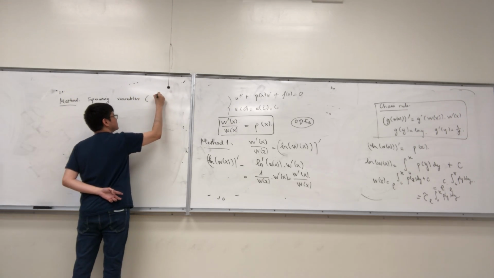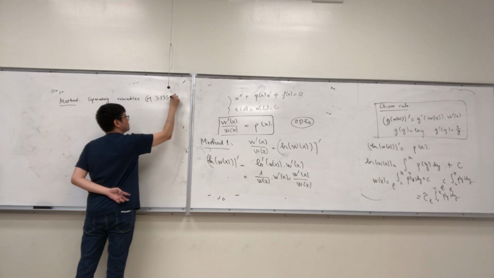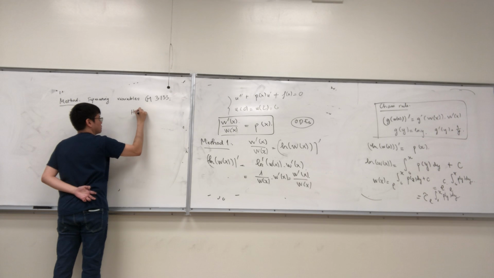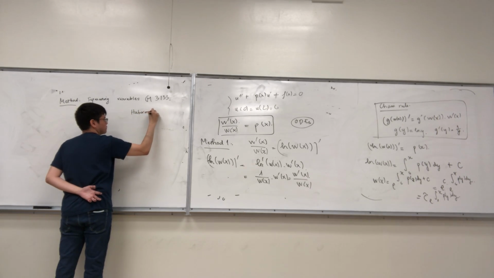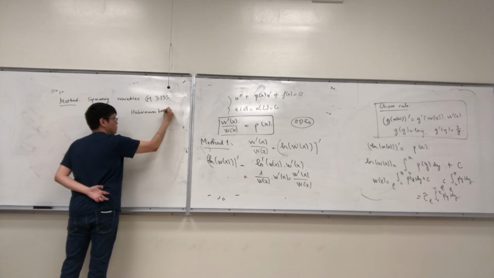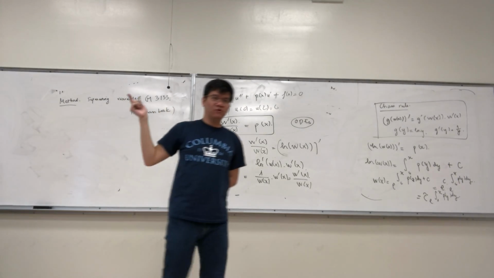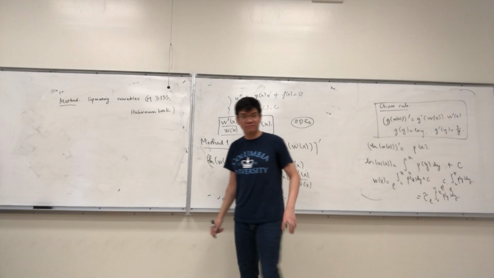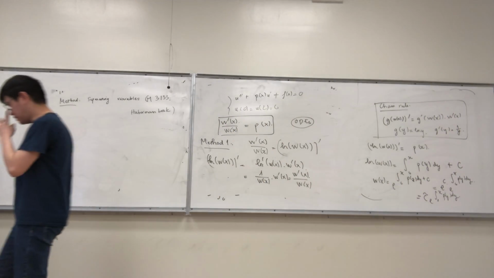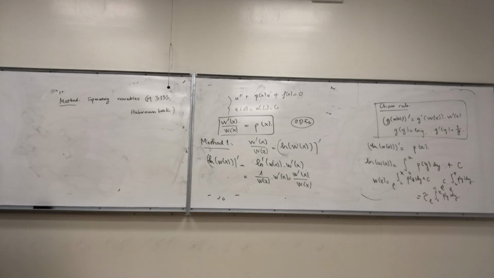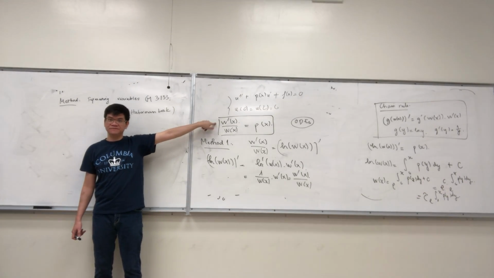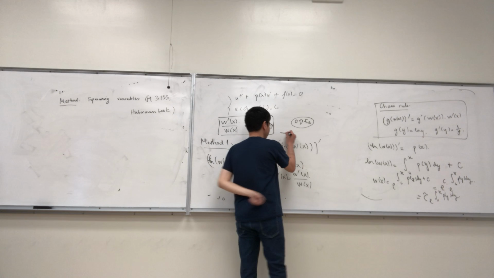So this is math 3133, and I'm going to put the Haberman book online so that you can go back to review that part of that chapter on how to solve this equation. All right. So in general, you know how to solve first order differential equation. So this is called first order differential equation.